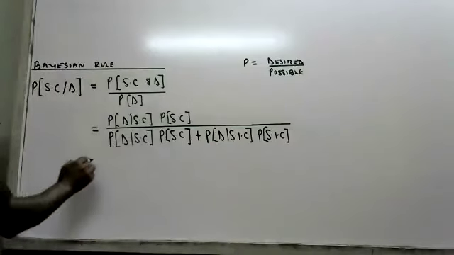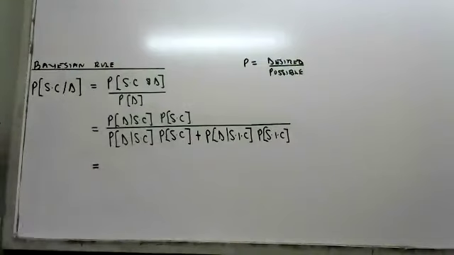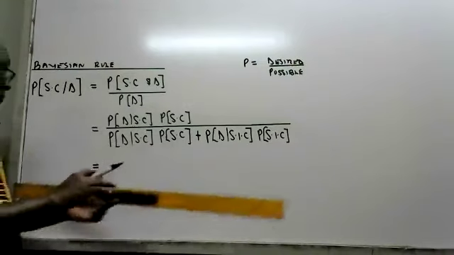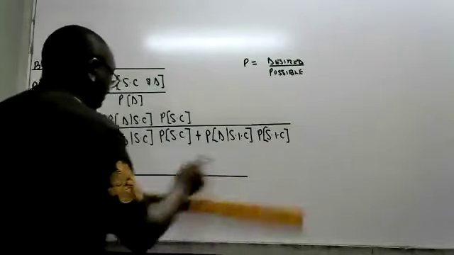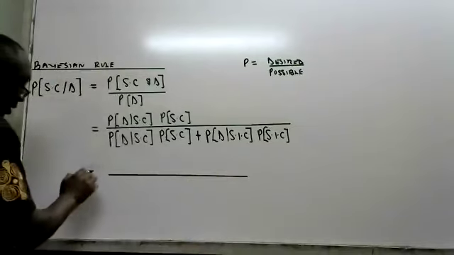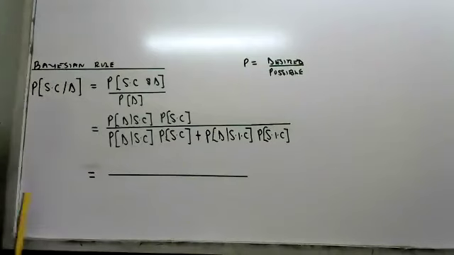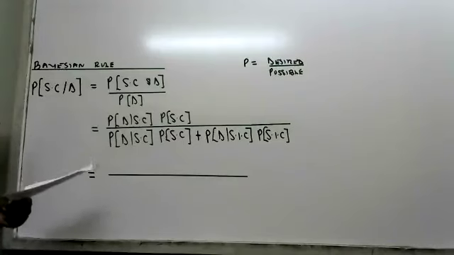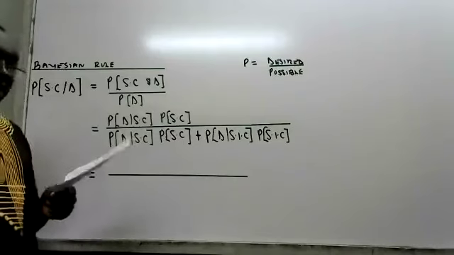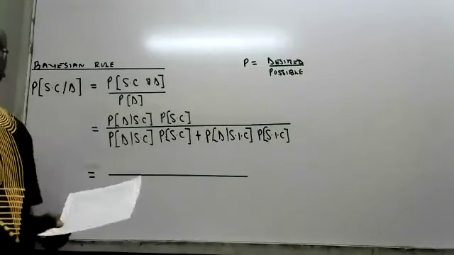So if that is true, we can put the values. Then you will give me the answer. So the values are like this. We are told when the machine is set correctly, it produces 25% defectives.